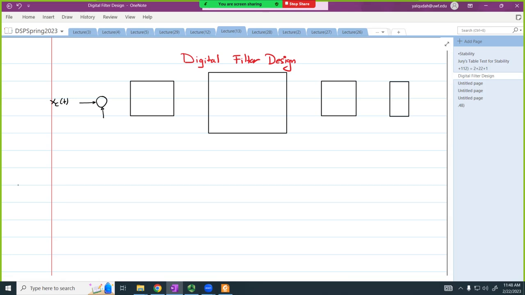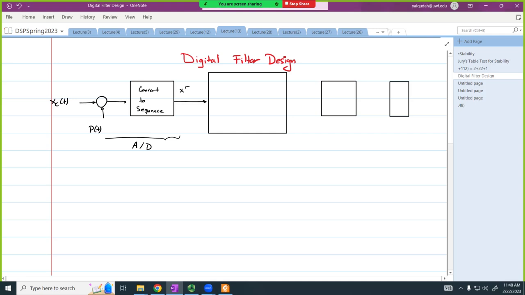In order to do that, what do we have to do? Convert it to digital. We multiply it by an impulse train and convert it to a sequence of digital values. This is our analog to digital conversion.